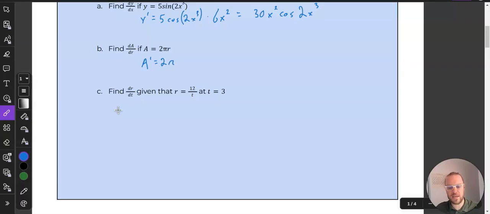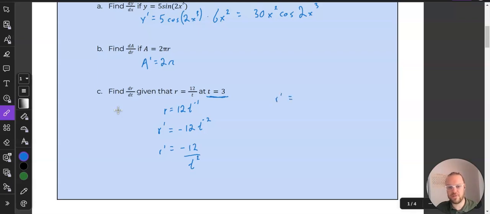So we're going to start by taking the derivative of this thing. Before I do that, I'm going to rewrite it because it's a whole lot easier for us to do it if it's written this way, or it's a little easier to comprehend. So that's going to be that r prime is equal to negative 12 t to the negative 2, or really negative 12 over t squared. Then at that point, it tells us find it when t equals 3.